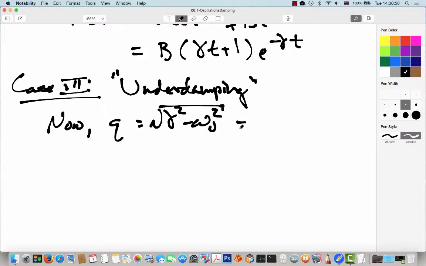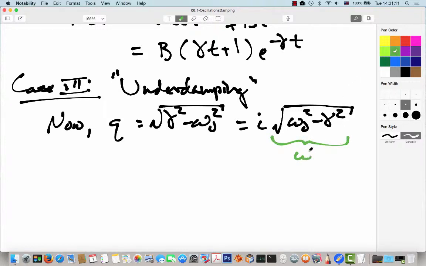So if we want, we can rewrite this as I times the square root of omega naught squared minus gamma squared, just pulling out a -1 out of the square root. Okay, let's give this a name. So this radical we'll call omega d for the damped angular frequency.